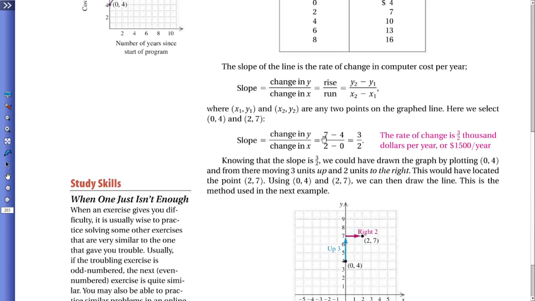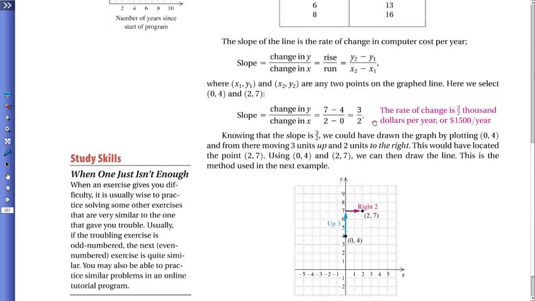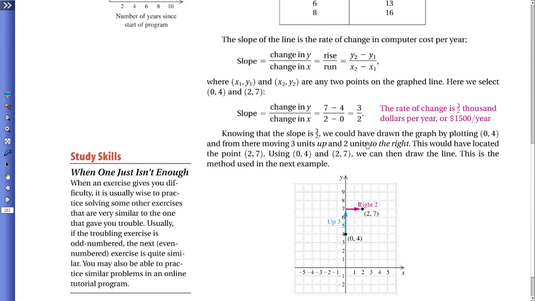So the difference of the y coordinates over the difference of the x coordinates. Now I've got to make sure, since I took the 7 from this point and I put that in the beginning of the subtraction, I need to put the x coordinate from that point first too, and then the x coordinate from the next one. Well, we do the differences, the subtraction, we get 3 over 2.